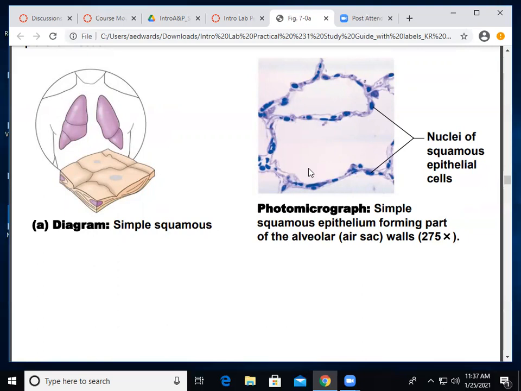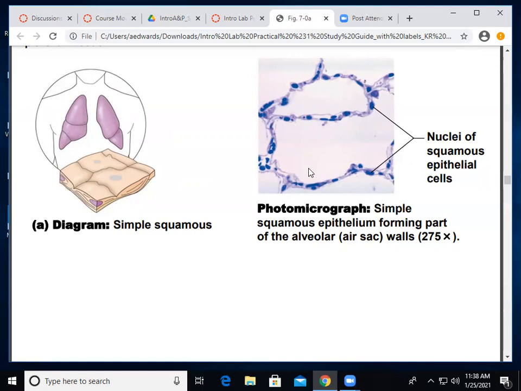So we'll do shape first. Squamous cells are flat or irregular. And anytime you have one layer, it's simple.